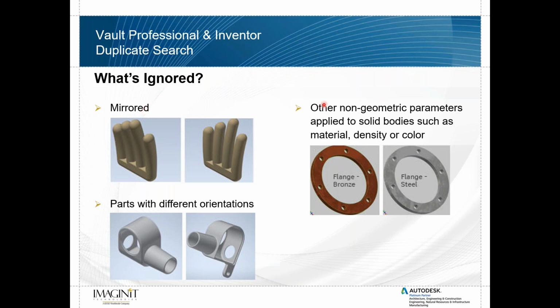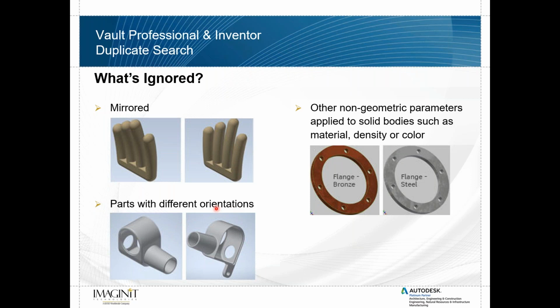Mirrored parts will be ignored. If a part is mirrored and the resulting part is exactly the same, geometrically they're the same part, so that mirror feature will be ignored. Two parts can have different names, but geometrically exactly the same shape, but maybe assembled in different positions, different orientations.